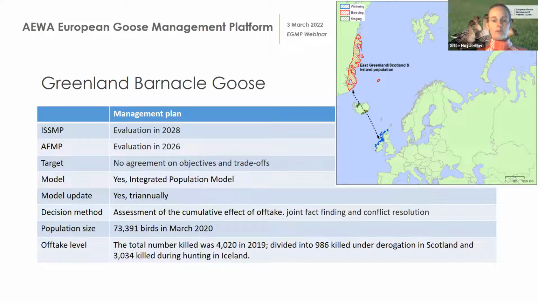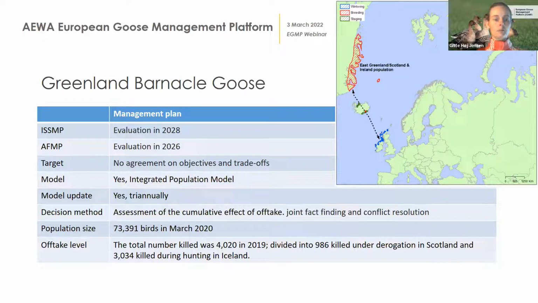But for now, we have what we need to do this assessment. We have the population size, and since there are no units, we don't have to detangle that number even further. And we also have the derogation level, which are done in Scotland, as well as those shot under hunting on Iceland.